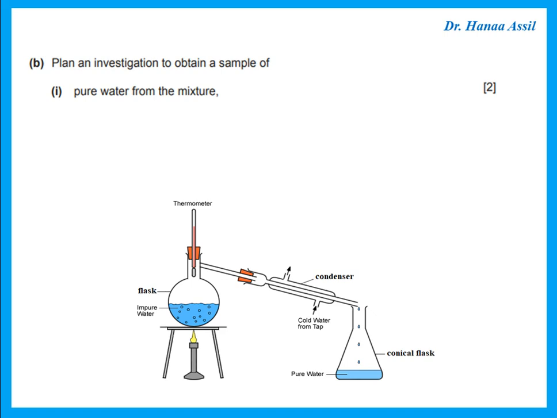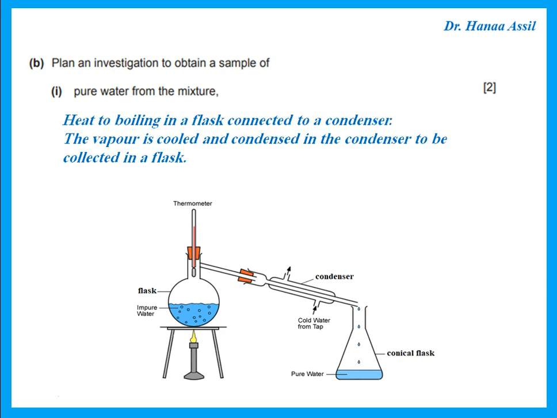We should use simple distillation. But it says plan an investigation, so we're going to explain what simple distillation is. We're going to heat to boiling in a flask connected to a condenser. The vapor is cooled and condensed in the condenser to be collected in the flask. So we get the pure water.